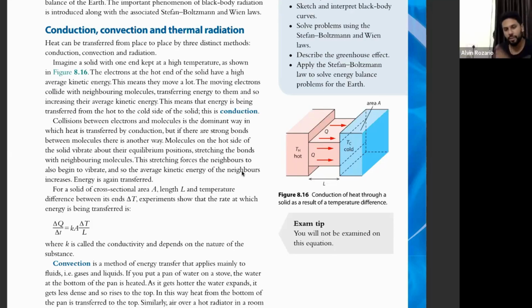This is called conduction. So flowing of heat energy or thermal energy in a conductor, in a solid, is called conduction. There are different types of conductor: good conductor, bad conductor, insulator. Good conductors are conductors in which conduction happens very fast, such as metals, because they have free electrons.